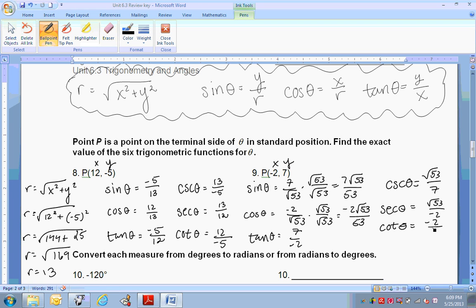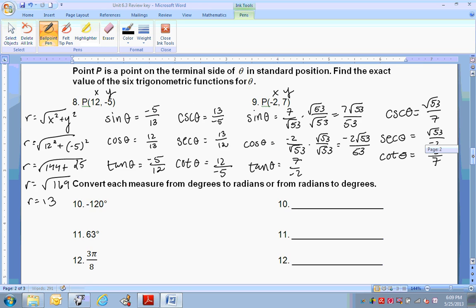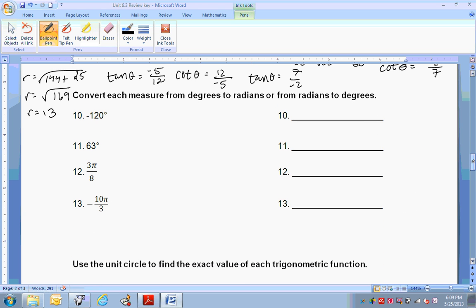Okay, so moving on, let's go ahead and convert each measure from degrees to radians or from radians to degrees. When we're converting from degrees to radians, we multiply by pi over 180. So when I'm multiplying negative 120 times pi over 180, that gives me negative 120 pi on the top and then 180 on the bottom.